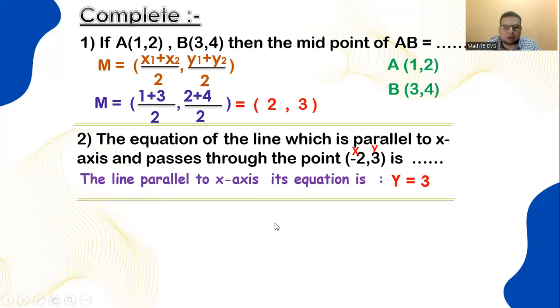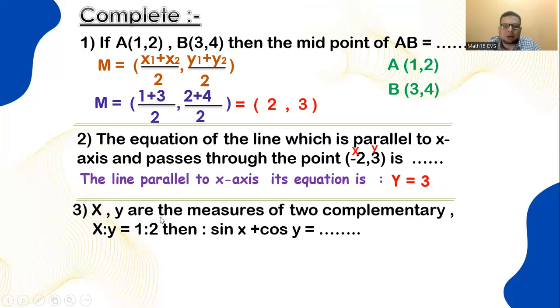Number 3, question 3. x and y are the measures of two complementary angles, x to y equals 1 to 2. Then sine x plus cosine y equals what? The ratio is 1 to 2 and they are complementary, so the sum of them is 90 degrees. So let's note x is 1m and y is 2m.